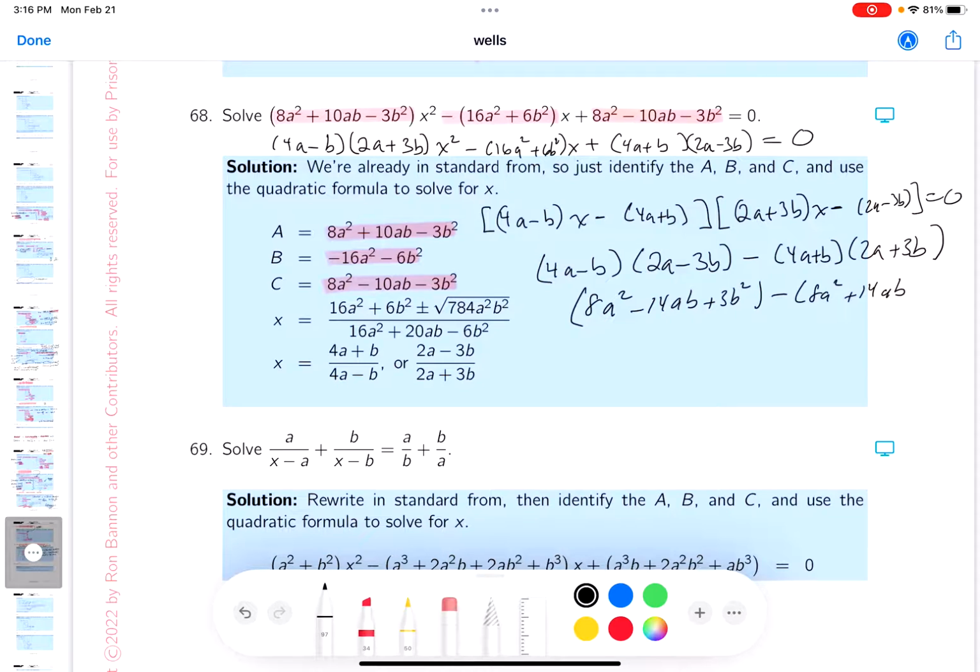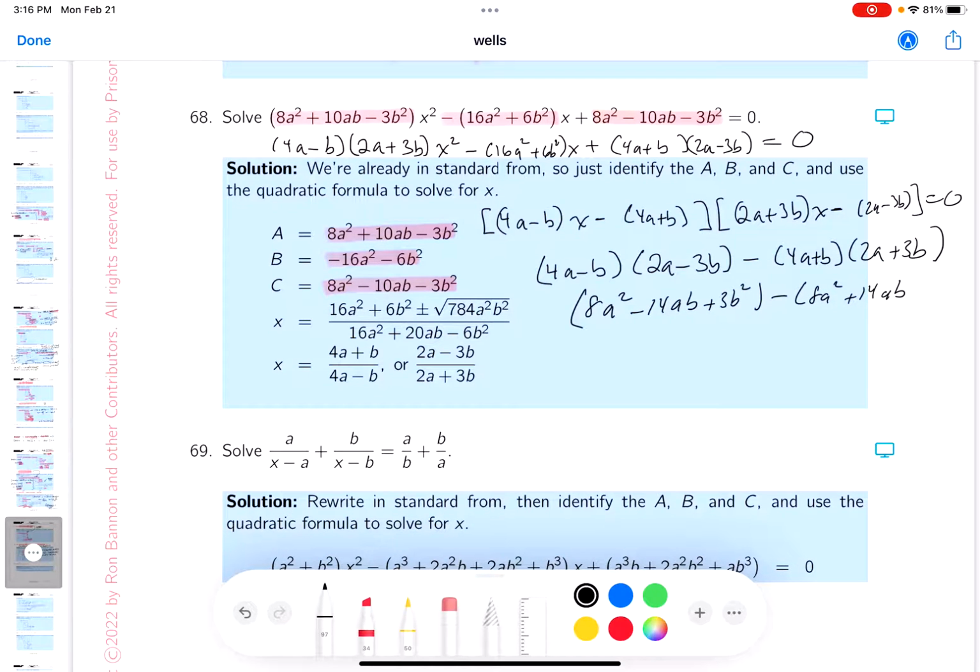Let me see if I'm doing this right. And then you're going to get, first of all, I had to copy it right. I'm second guessing myself now. Let me look at it. 4A minus B times 2A minus 3B, and then 4A plus B, 2A plus 3B. All right, let's keep going.